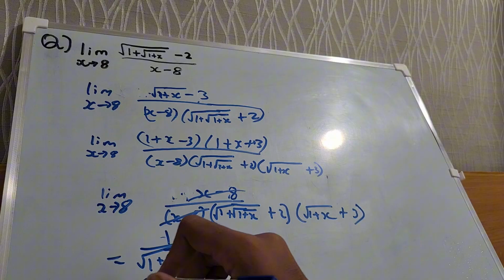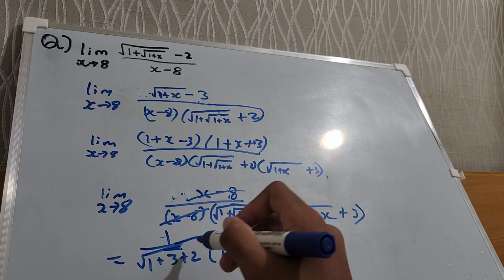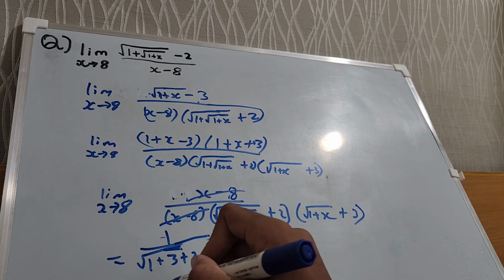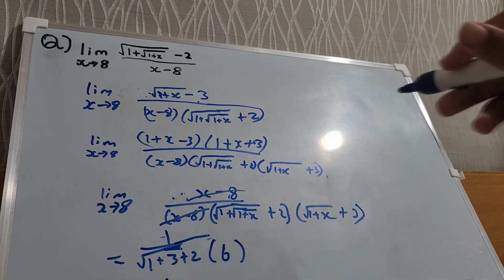That means 4 into 6. So 1 by 4 into 6, which is 1 by 24.